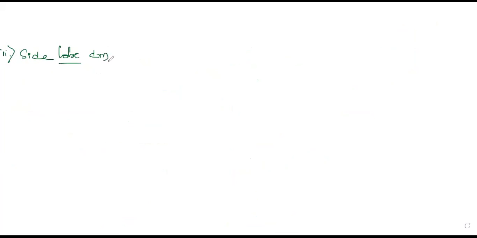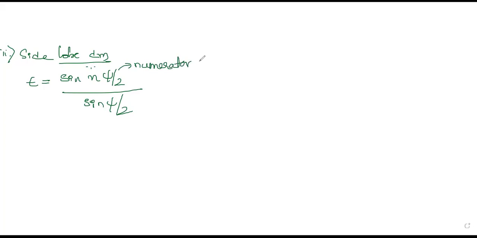Moving on to the next direction, we have to find the side lobe direction. To find the side lobe direction, you use the linear array of isotropic antennas equation, where the electric field intensity is sine of n psi by 2 divided by sine of psi by 2. In order to find the side lobe direction, we need to equate the numerator of this equation to plus or minus 1, which means sine of n psi by 2 is equal to plus or minus 1.